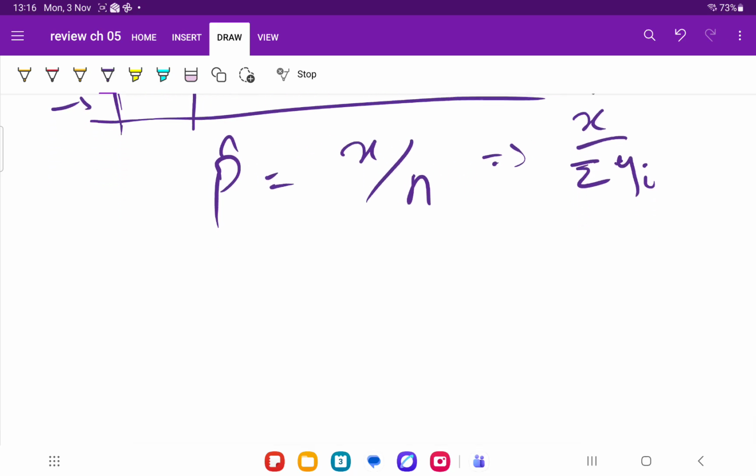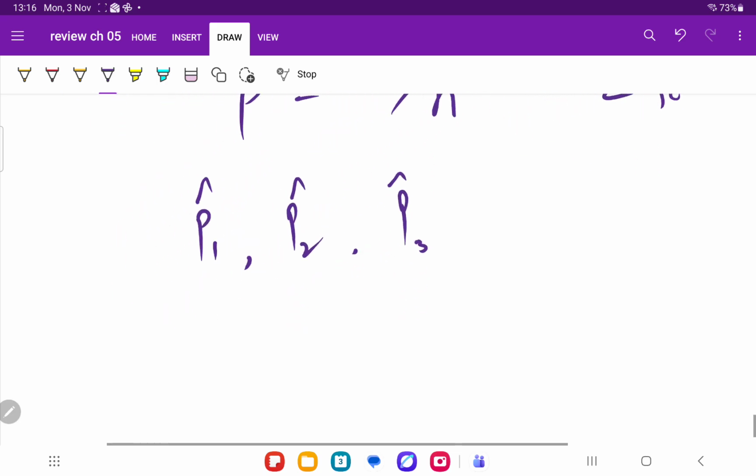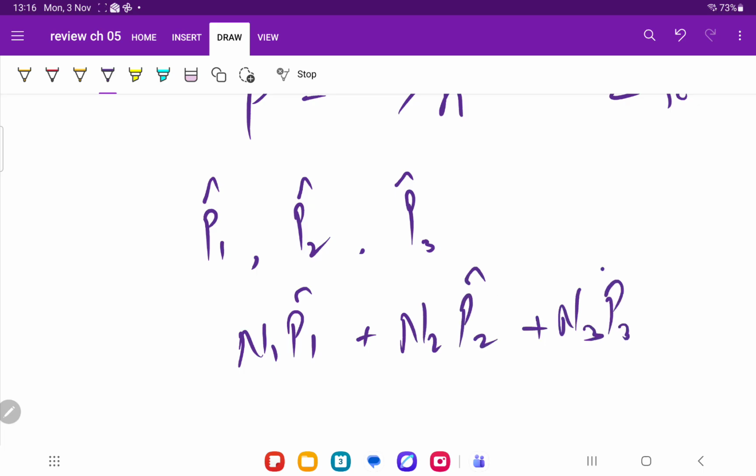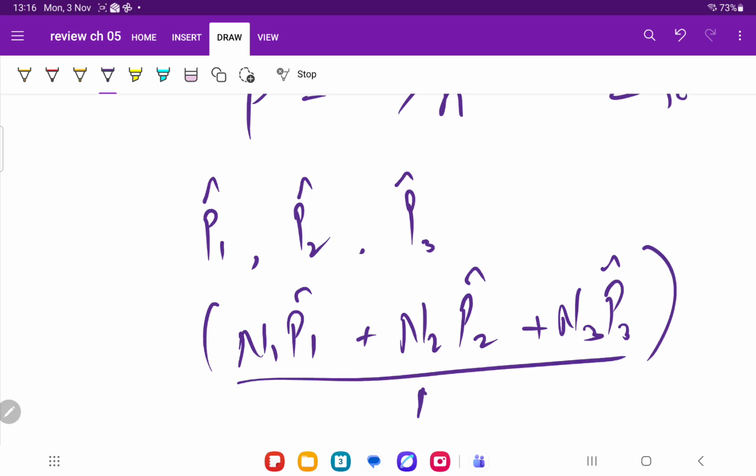So you have the proportion from strata 1, you have the proportion from strata 2, you have the proportion from strata 3. So we want the average proportion. The average proportion will be calculated by n1 p1 plus n2 p2 plus n3 p3 over n.